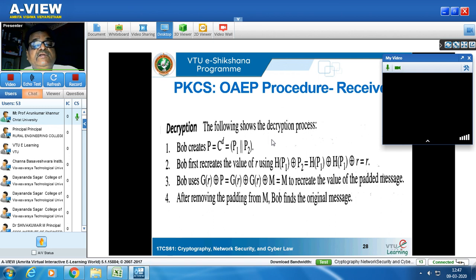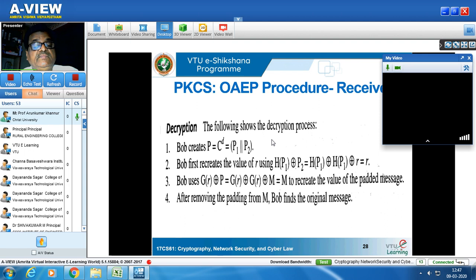Bob first recreates the value of R using the function P1 modulus addition P2 equal to P1, then the modulus function P1 plus R equal to R.